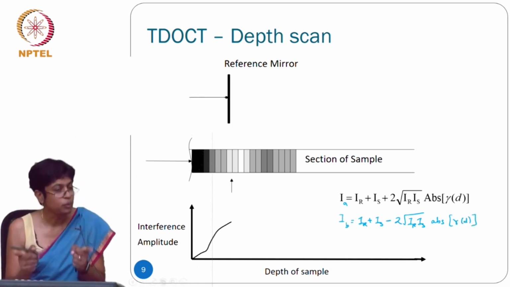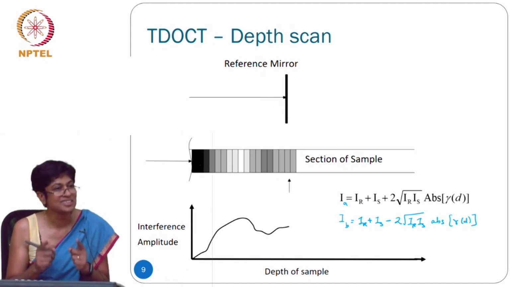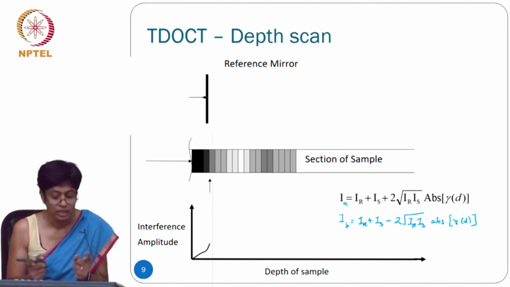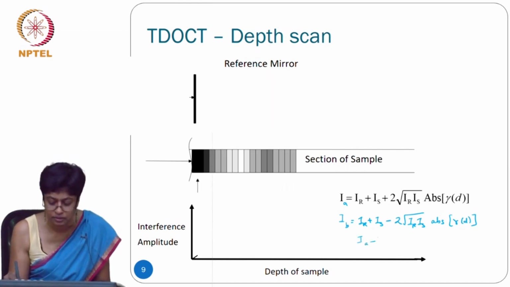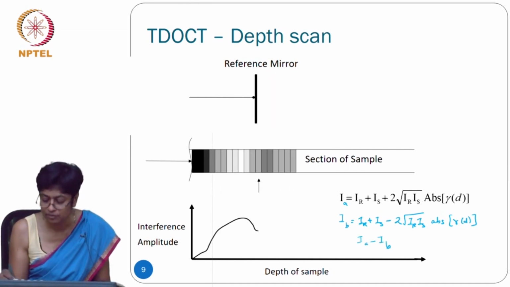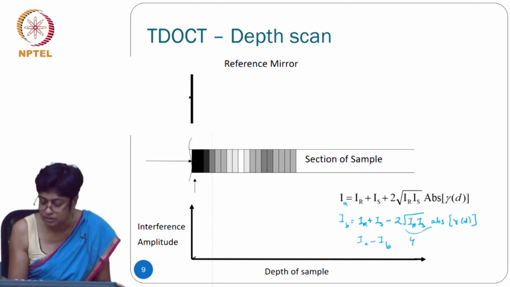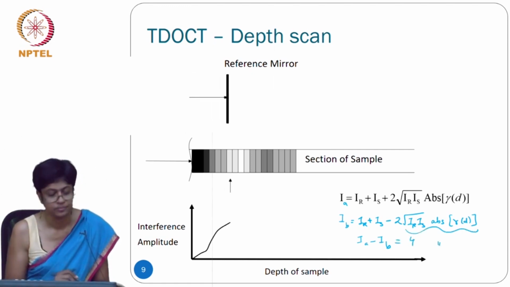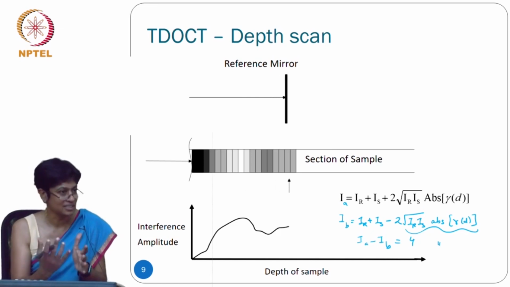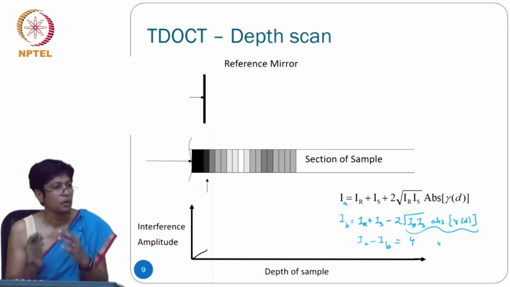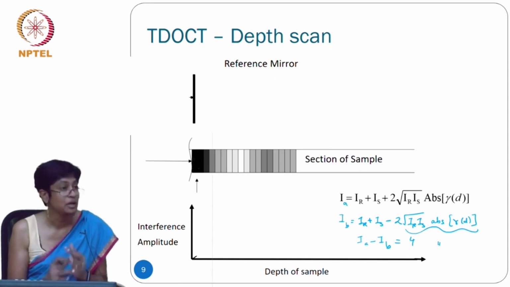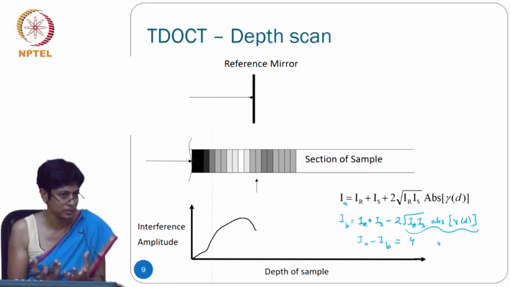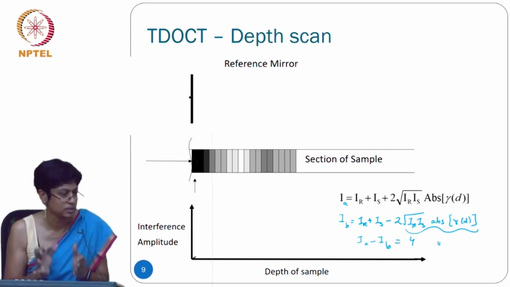Because I have access to both these signals, what we do is we take the difference between them. So, you get rid of the DC term completely, you actually use 1A minus 1B, and then you are left with 4 times this signal. So, you have enhanced the term of importance and got rid of the DC term simultaneously, which means you have a better signal to work with. Okay, so that's why we use both the signals.